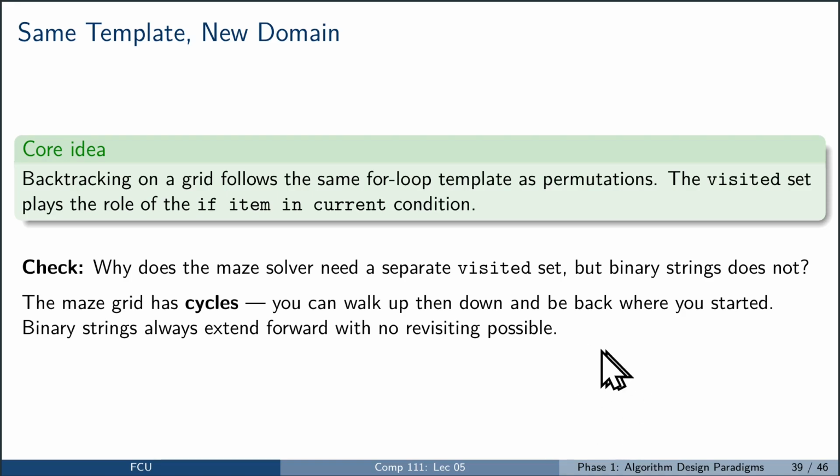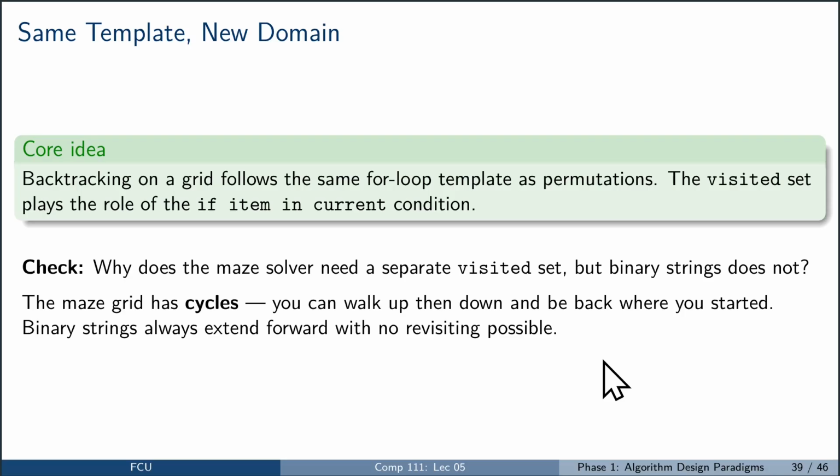So that's why we need a visited set, but we do not need that in binary strings or any other example that we did earlier. Binary strings always extend forward and they don't go into a loop, and each step adds a new digit, and there is no revisiting a previous state and no cycles. So that's why there's no visited set required in that case.